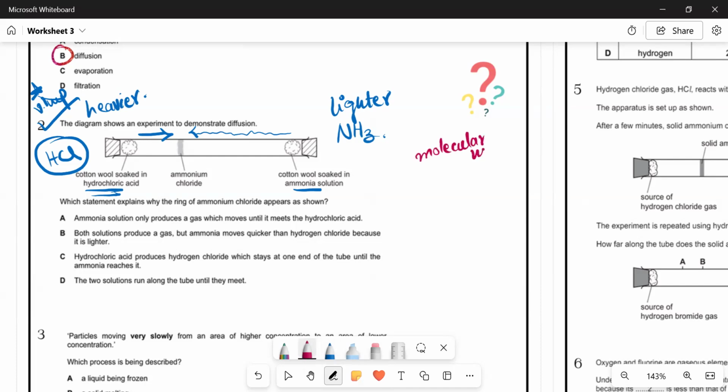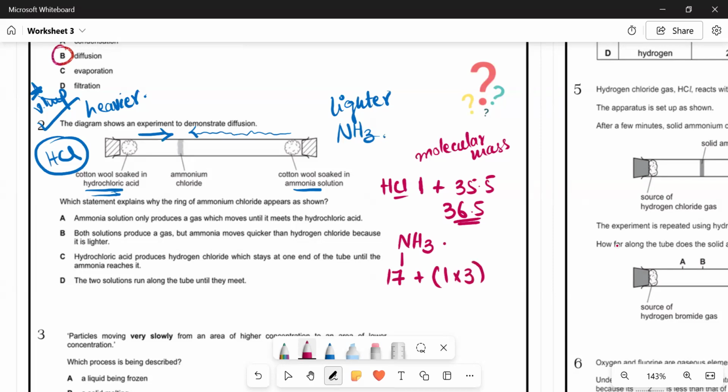We have to find out the molecular mass of 2 substances. For HCl, we have 1 for hydrogen, and chlorine's atomic mass is 35.5, which makes it 36.5 for HCl. As for the ammonia, NH3, nitrogen is 14 and hydrogen is 1 multiplied by 3, because 1 is the atomic mass of hydrogen, multiplied by 3.